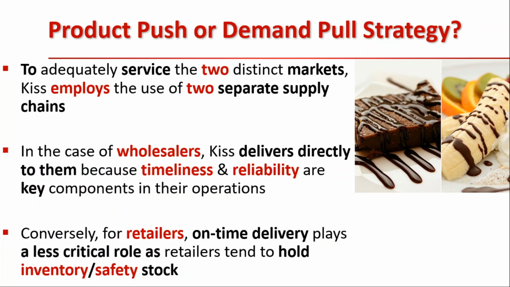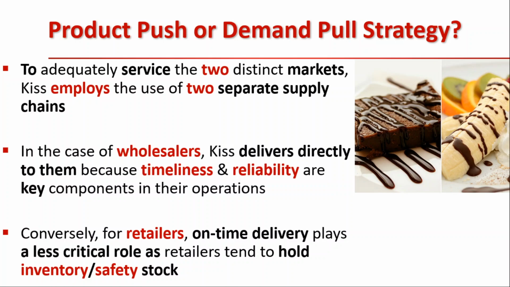To serve these 2 distinct markets, KISS employs 2 separate supply chains. In terms of wholesalers, KISS delivers directly to them because timeliness and reliability are key components in wholesalers' operations, as the turnover time for the products tends to be short.